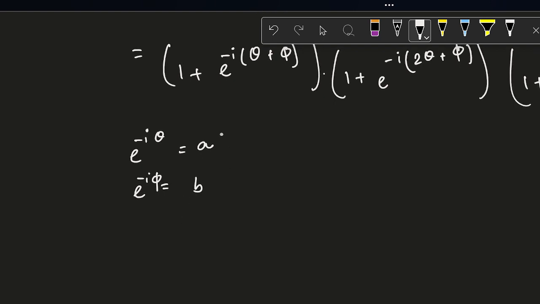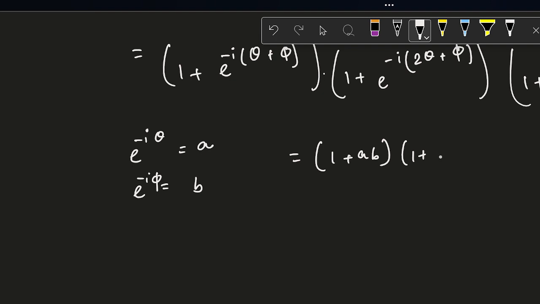So a and b, so that we don't have to write the whole exponential term every time, we just denote them by a and b. So the product just becomes simply 1 plus ab, because it is just e to the power of minus i theta times e to the power of minus i phi.